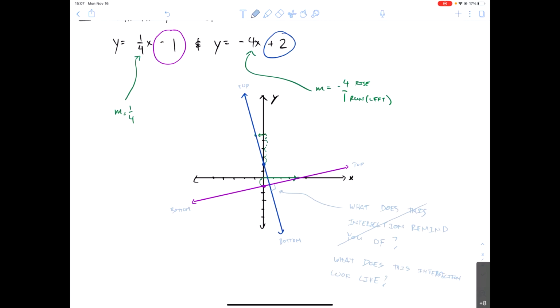And how do you know that? Well, just like whoever said that the parallel lines have the same slope, maybe it was Maria. Well, in this case, they don't have the same slope, but they have something unique to one another.